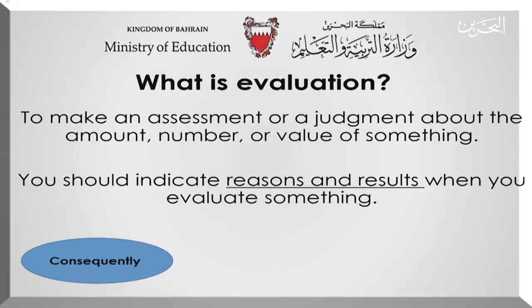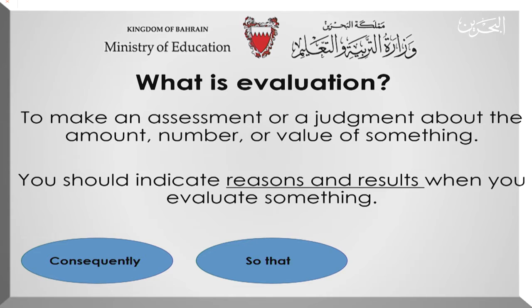So, let's see what are the reasons and results expressions that we could use in order to indicate some reasons. Let's see together. We can use consequently. We can also use so that.